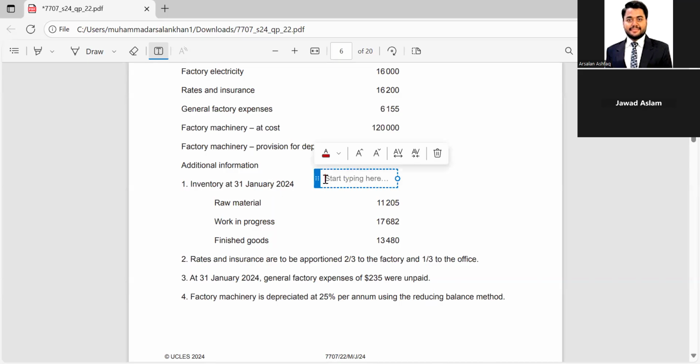Our year start is January 1st, 2024, and our year end is 31st December 2024. The second adjustment says that rent and insurance are to be apportioned 2 upon 3 to the factory and 1 upon 3 to the office.